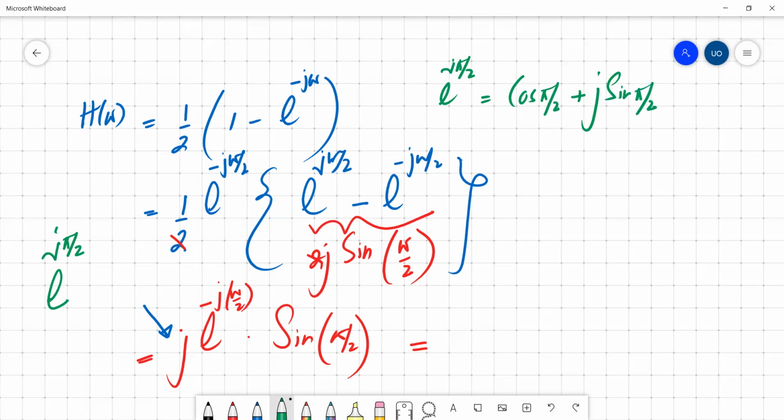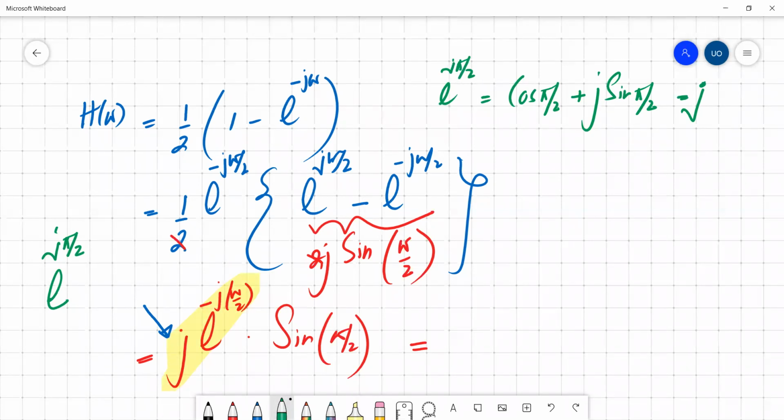Sine pi by 2 is 1 and cos pi by 2 is 0, so this becomes j. So if you have j terms in an expression, you can simply absorb the j term as a phase of e to the power j pi by 2. So we can represent this j as a phase term.